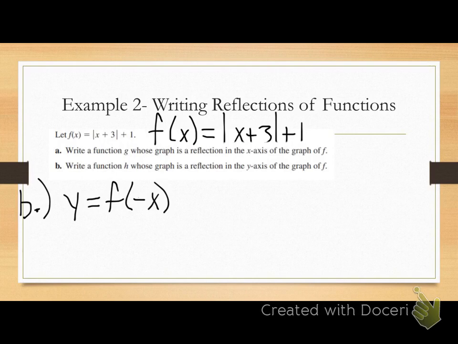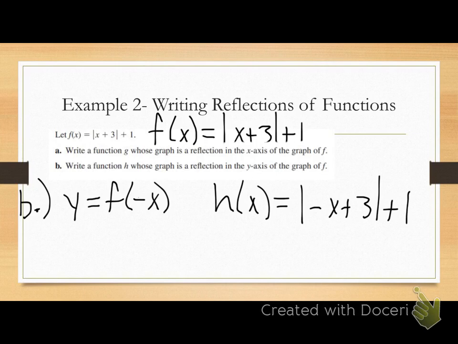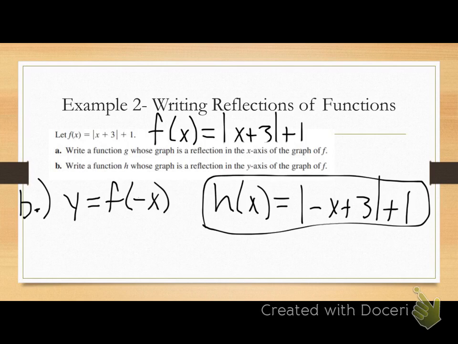So in my function, and I'm going to call this function h because it wants a function h, I'm replacing my x with negative x. Just like that. Took the x out, replaced it with negative x. Can I do any more simplifying there? No, I can't. There's my answer. Does everyone understand that? To reflect over the y-axis, I just replace my x with negative x.